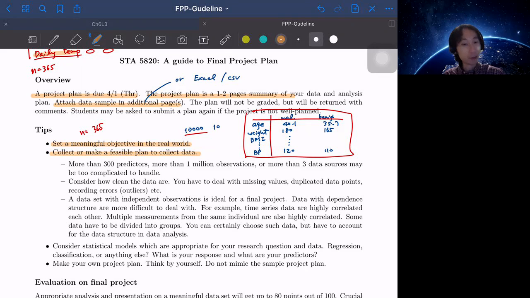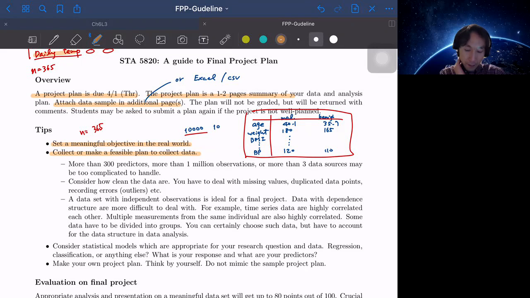For example, if you analyze some county level data, maybe the Census Bureau has some data sets. Usually individual data is sometimes hard to get, but if you bring the data from your research in another department, then that's also good. Some students bring the data from their job, and that's also good.